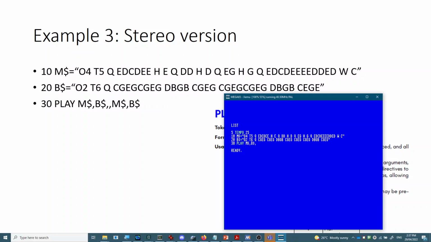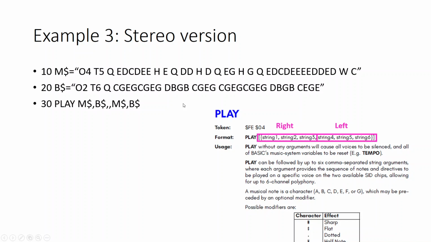We're skipping voice channel 3, because that's also right bias, and we're going through the left bias group now. Channel 4 will play the melody again, but this time left bias, and the bass line again left bias on channel 5. So if we run this, nice. Okay, we've got stereo.